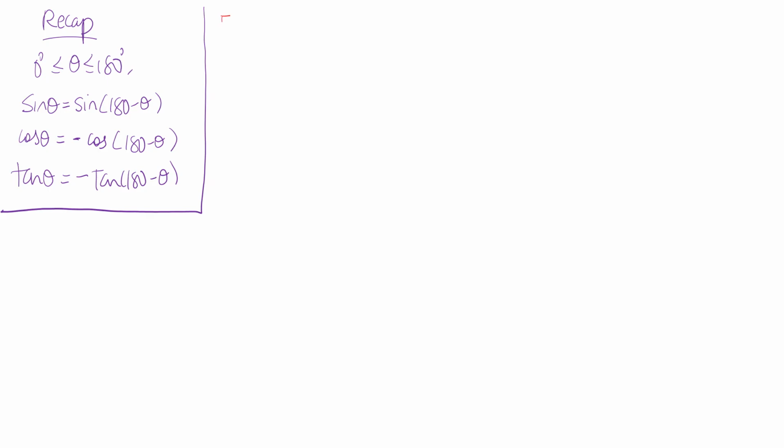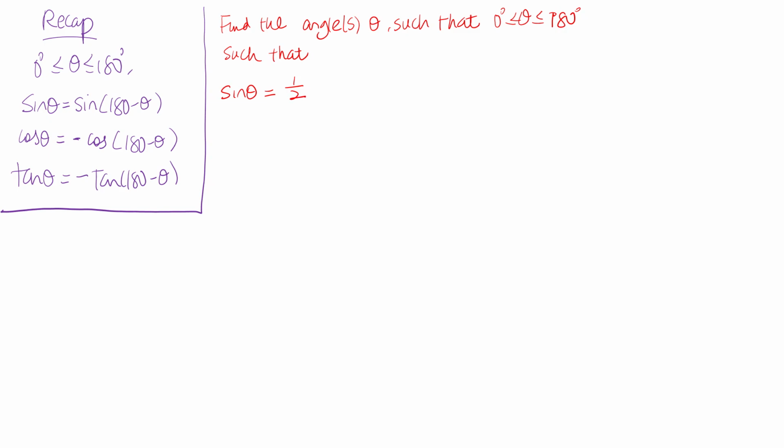Find the angle theta such that theta is between 0 degrees and 180 degrees, such that sine theta equals half, cosine theta equals half, tangent theta equals half, sine theta equals negative half, cosine theta equals negative half, and tangent theta equals negative half.